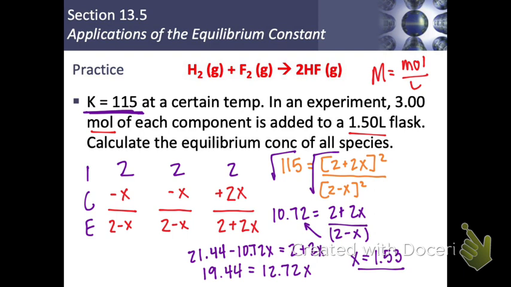Okay, so I got my x about 1.53. I don't know if that's similar to what you guys had. That means the concentration of H2 and the concentration of F2 would be equal to 2 minus that number. So 2 minus 1.5 gives me 0.47 molar.